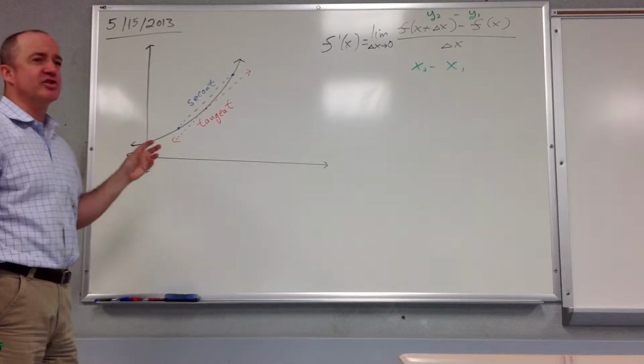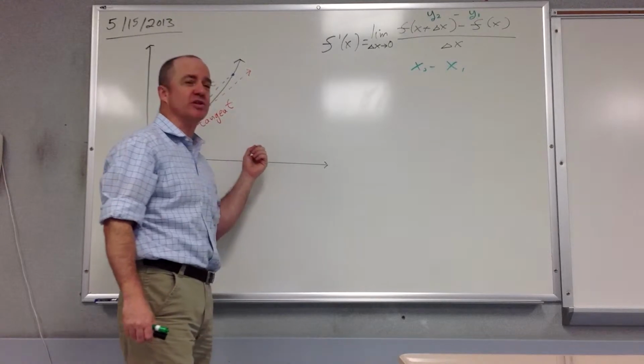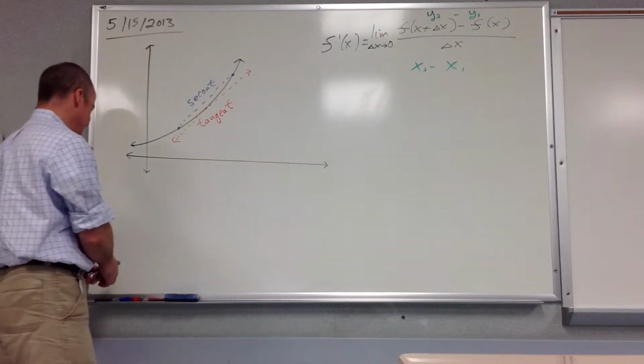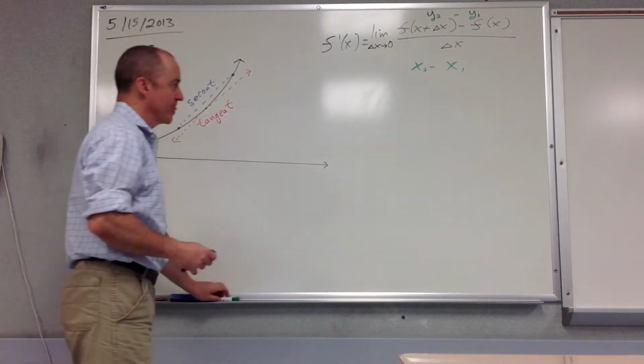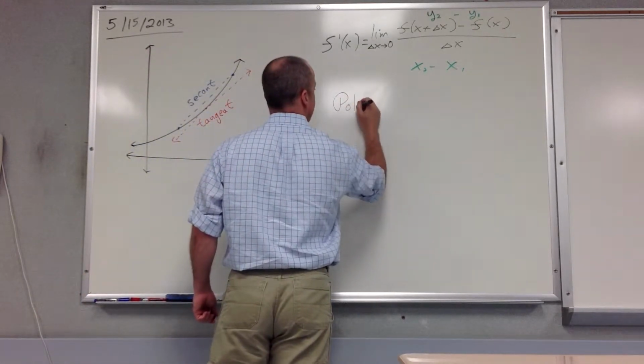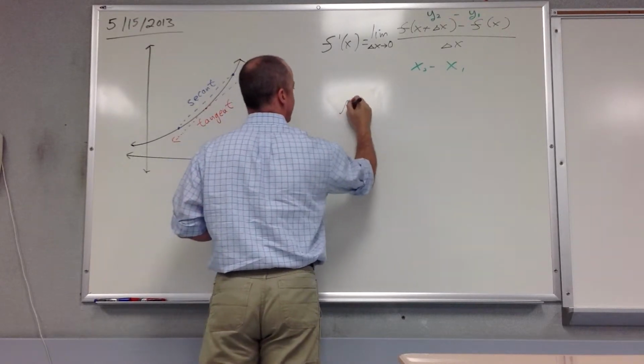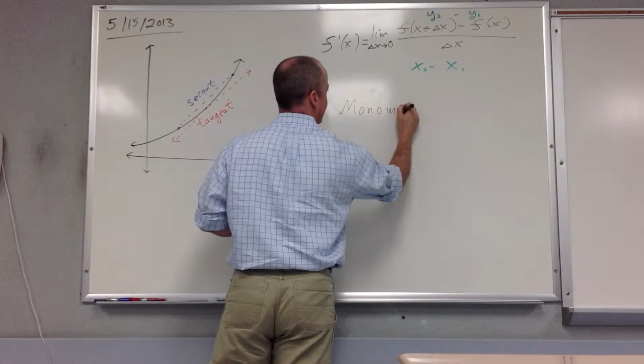But there are patterns and shortcuts depending on what type of functions we're talking about. And the first shortcut is when you're looking at, I'm going to say not even polynomials. I'm going to say monomials. What's a monomial?